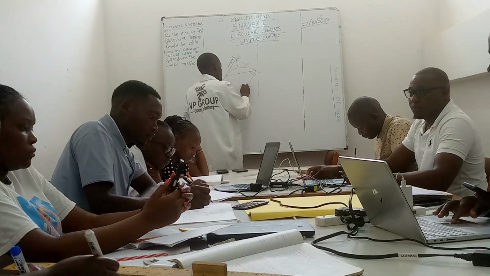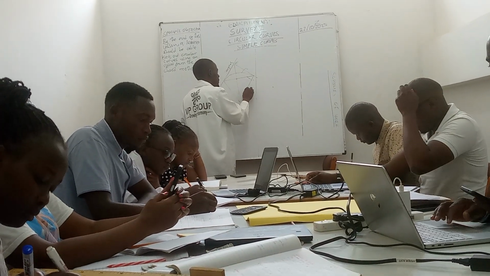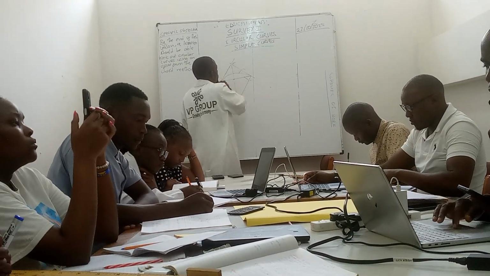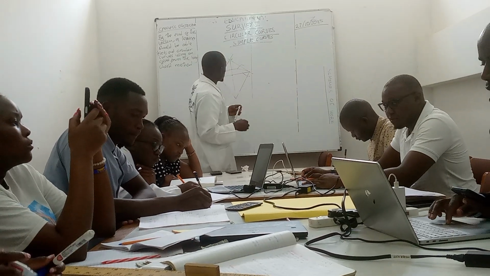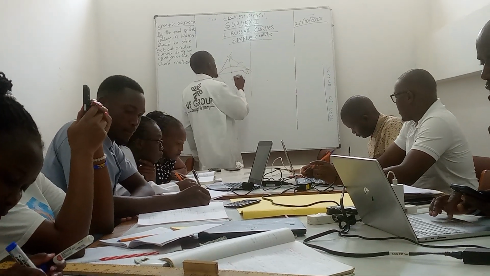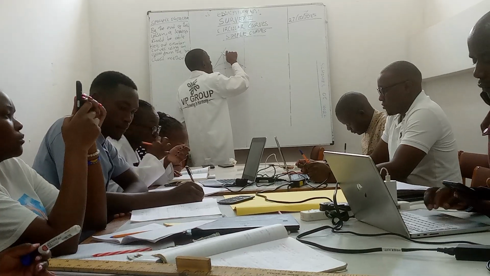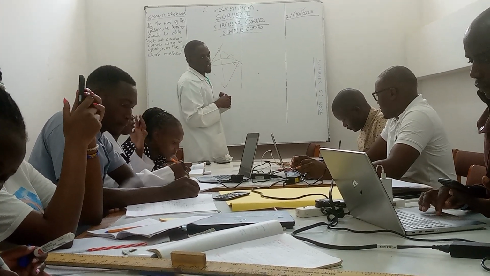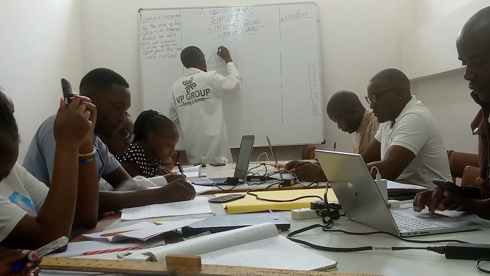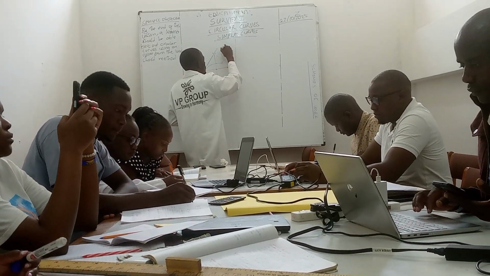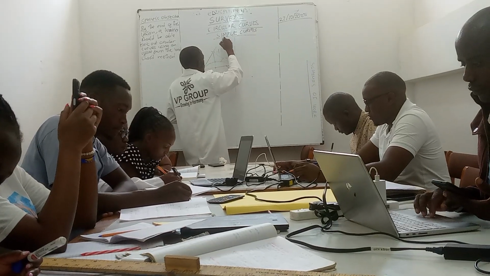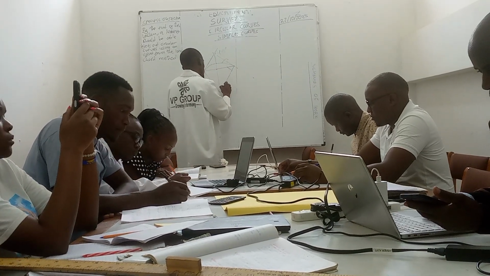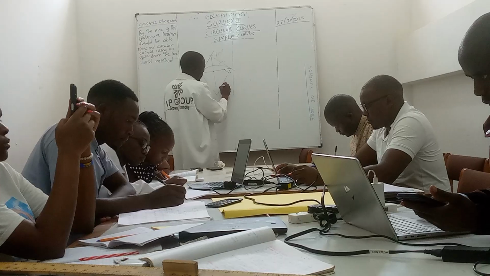Now, we're going to use one example. We assume our angle of intersection will be, let's use something like 40 degrees. Our radius, we use 100 meters.